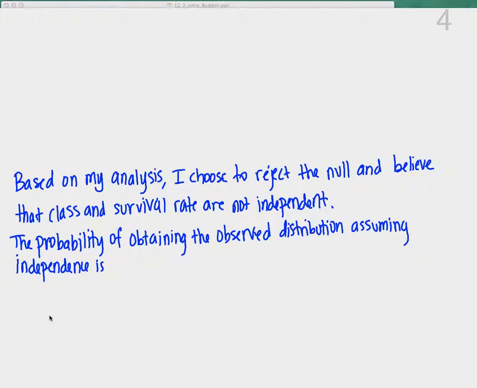Too rare. Too rare to what? Too rare to attribute the difference to random chance fluctuations.